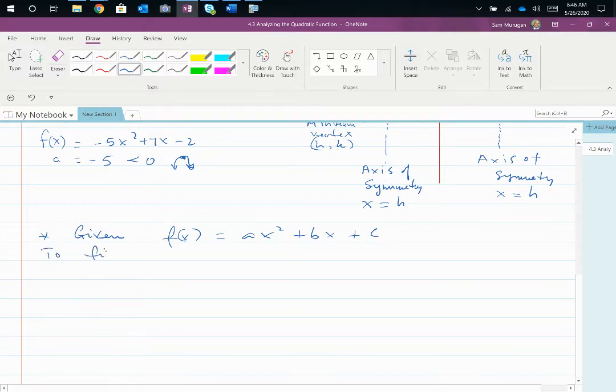To find the vertex, use h is equal to minus b over 2a. This is a formula. And the k value of the vertex is the function substituted with the h value.